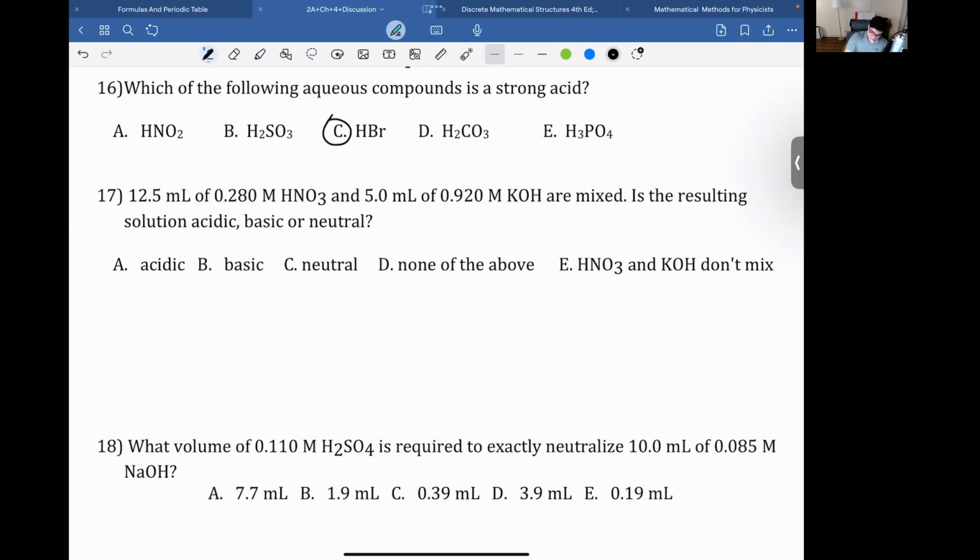So I'm going to convert the nitric acid first. The moles. I have 12.5, which is 0.0125 liters of solution. And I have moles of HNO3. For every 1 mole of HNO3, it gives off one proton or one hydrogen.